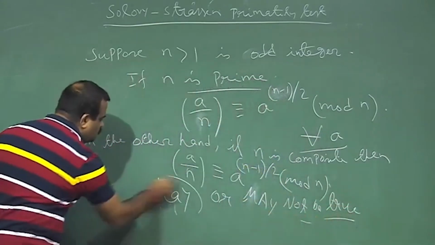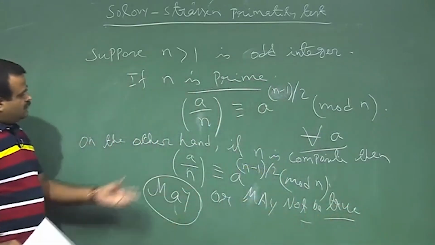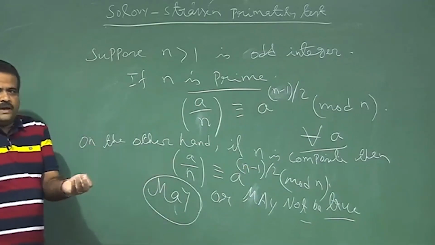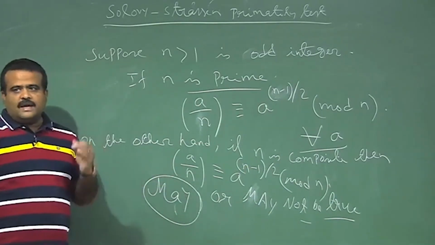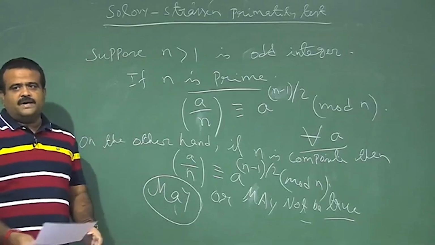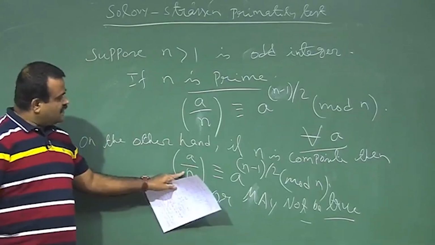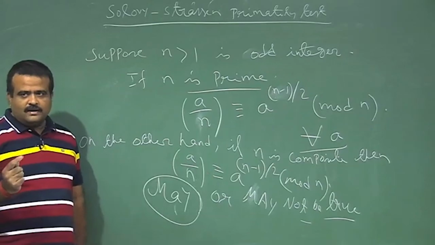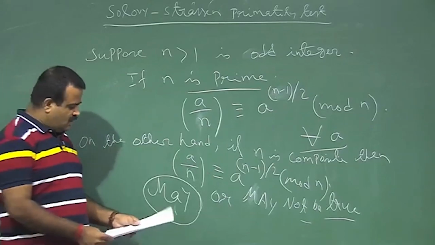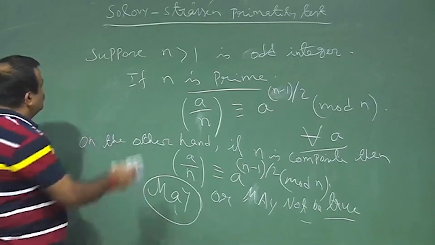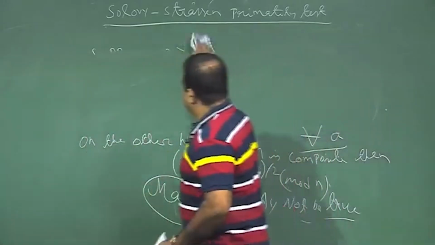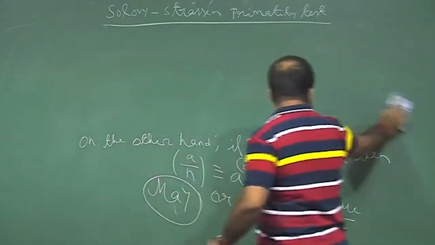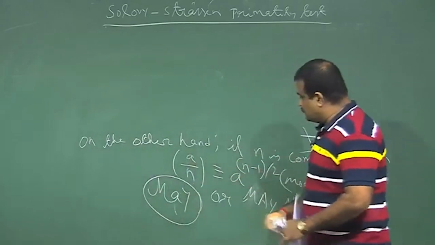Now, if it is true, but only for a few a, then we call n a pseudo prime base a. If this result is true for a given a, then n is a pseudo prime. It could be a real prime, but so far we have checked only for a.